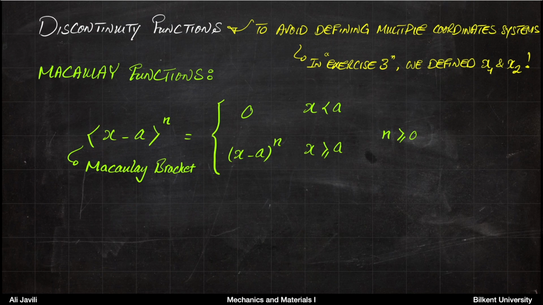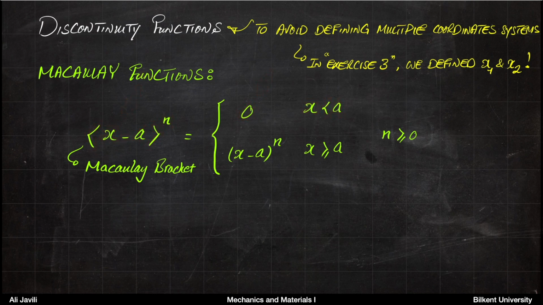So this is basically the definition of a Macaulay function. If you have the argument x minus a in Macaulay brackets to the power n, this would render 0 for any point where x is less than a, or alternatively, it would render 0 if the argument is negative.